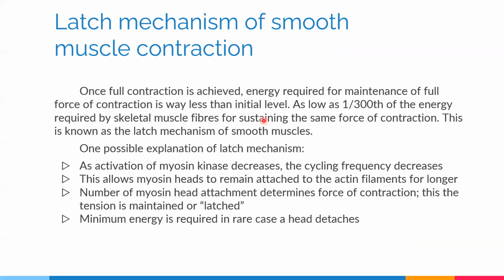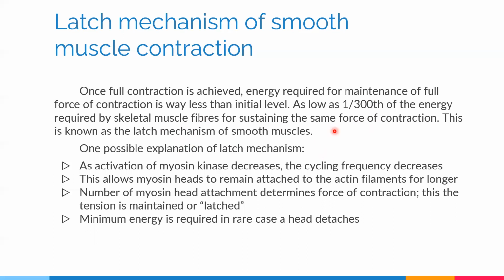Maintenance requires very little energy, as low as 1/300th of the energy required by skeletal muscle fibers for sustaining the same force of contraction. This low energy consumption to maintain high levels of contraction is known as the latch mechanism of smooth muscles.